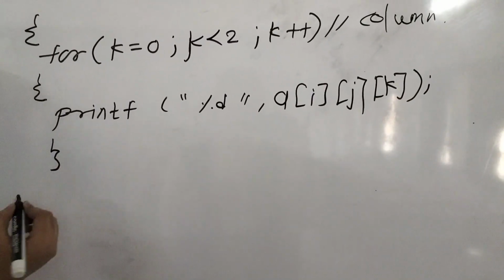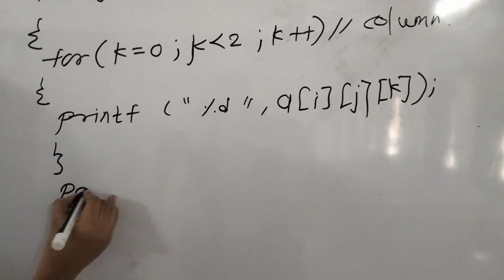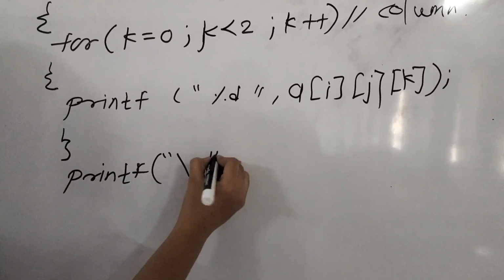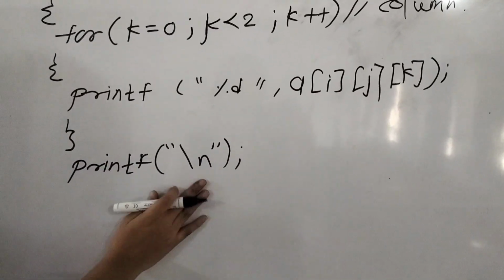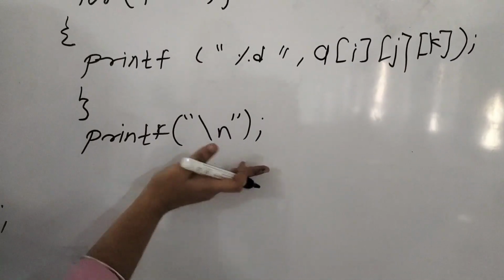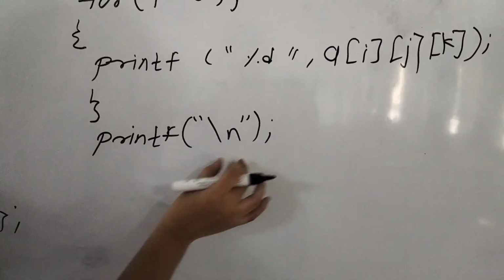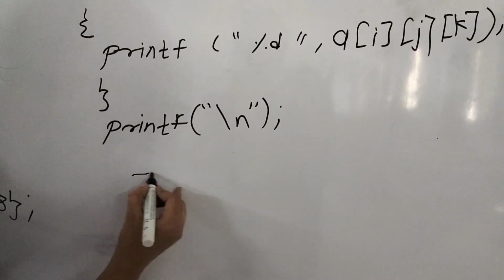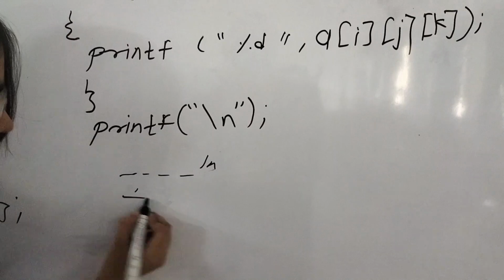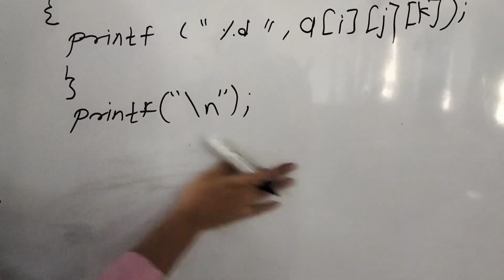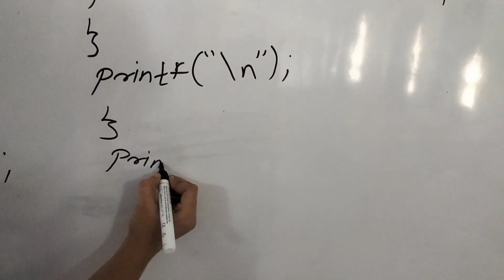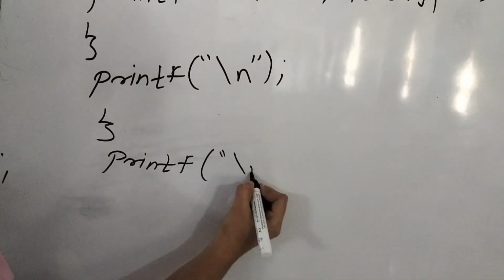So again close, again write printf and give slash n for the next line. If you give slash n in the program, the output goes to the next line. So close again and write again printf and give slash n.